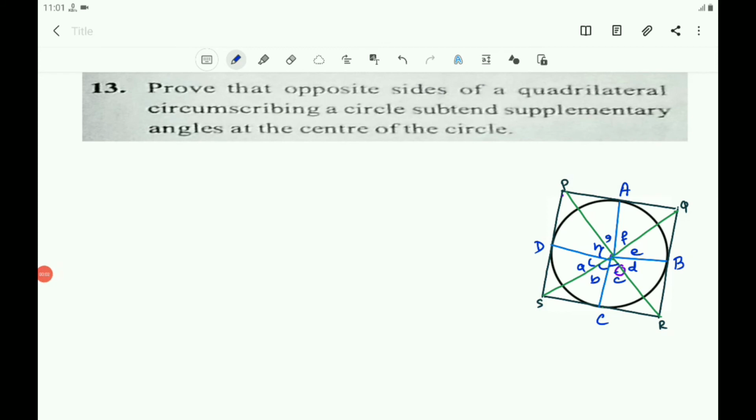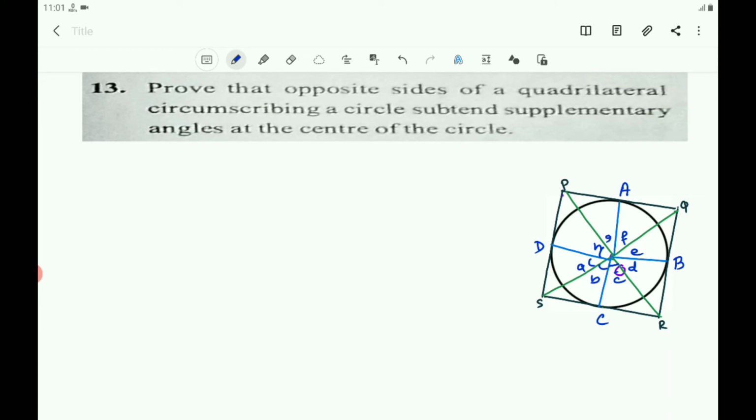13th question: prove that opposite sides of a quadrilateral circumscribing a circle subtend supplementary angles at the center of the circle. In the figure, PQRS is a quadrilateral.